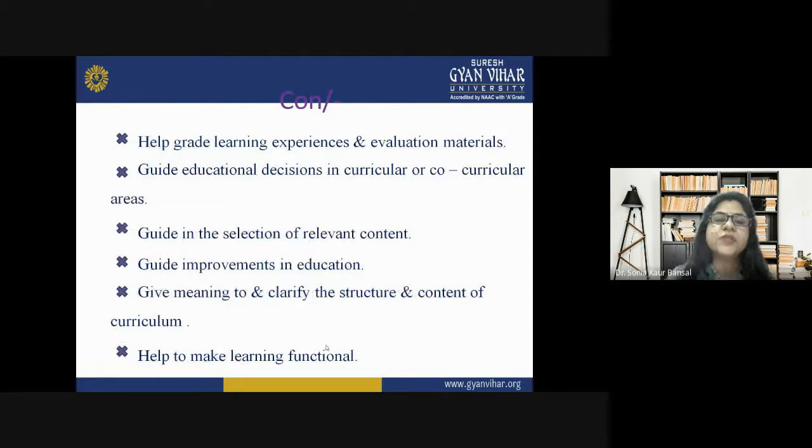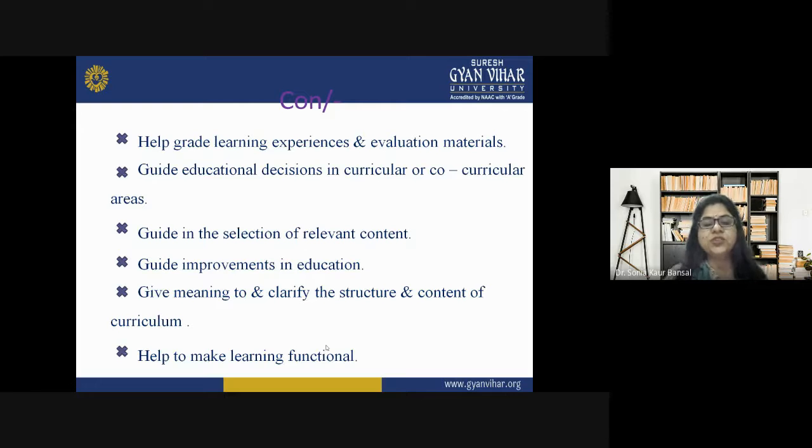It also helps in grading learner experiences and evaluation materials. It also guides educational decisions in curricular or co-curricular areas. Educational objectives also guide the selection of relevant content, as in what to teach and what not to teach, if we are deciding the objectives. It also guides improvement in education.